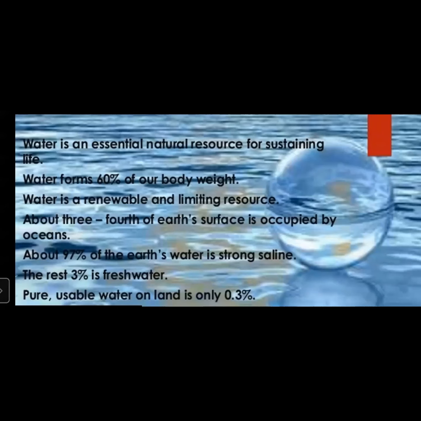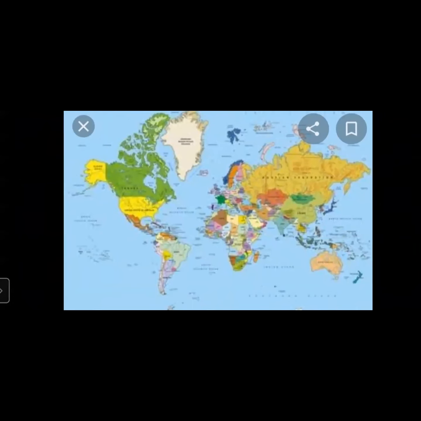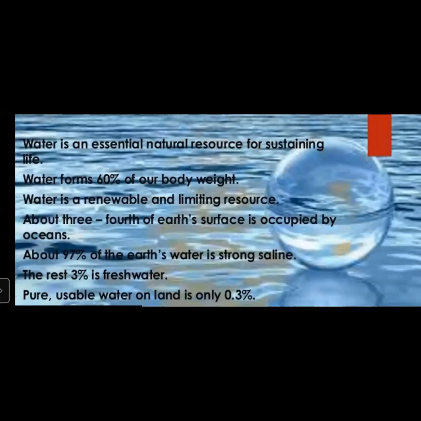About 3/4 of the earth's surface is occupied by oceans. About 97% of the earth's water is saline water, and only 3% is fresh water which we can use. Pure usable water on land is only 0.3%, right? So children, we come to know water is very important for our life.